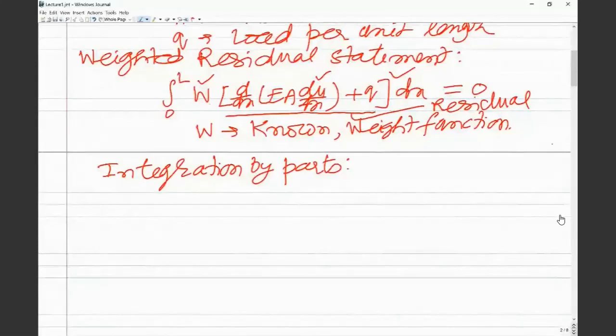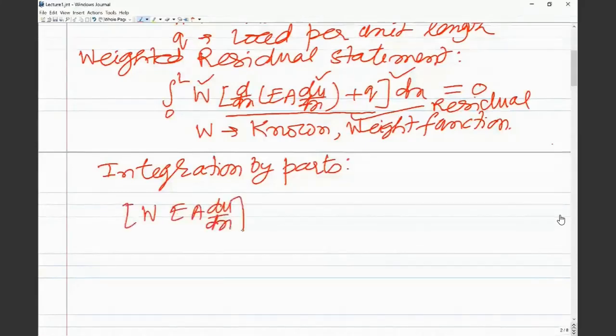When we do the integration by parts, we are going to transfer the derivative from u to w. So we take w as the first function, and d by dx of Ea into du by dx as the second function. When we do the integration by parts, first we will get w into Ea into du by dx.